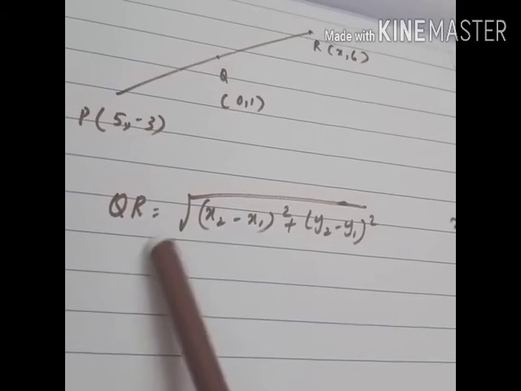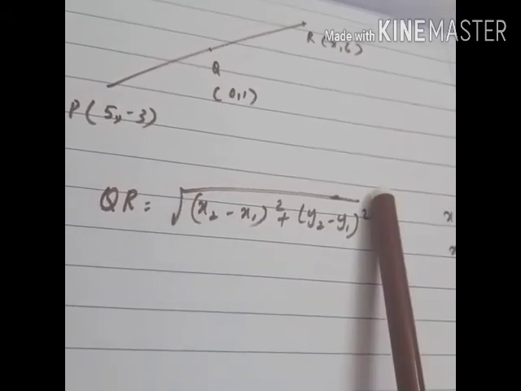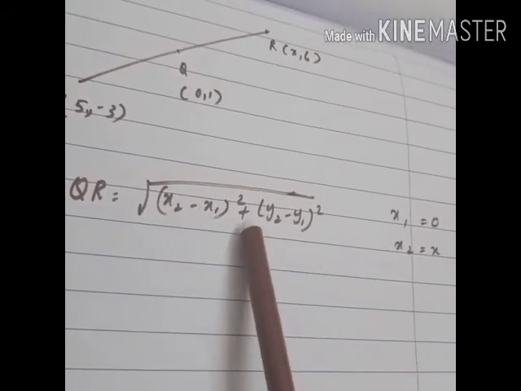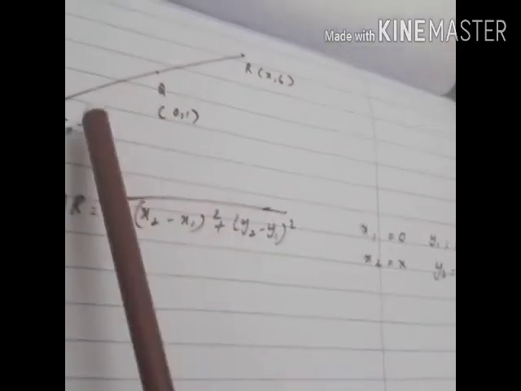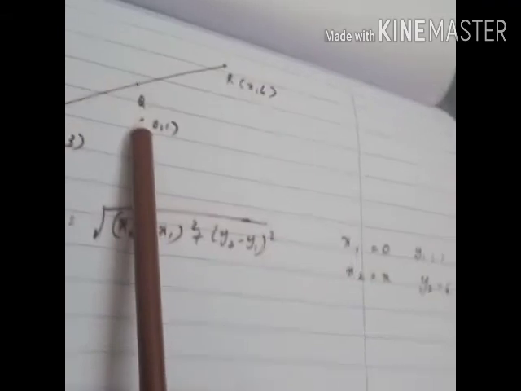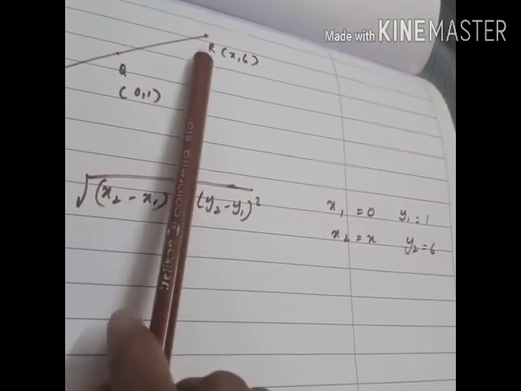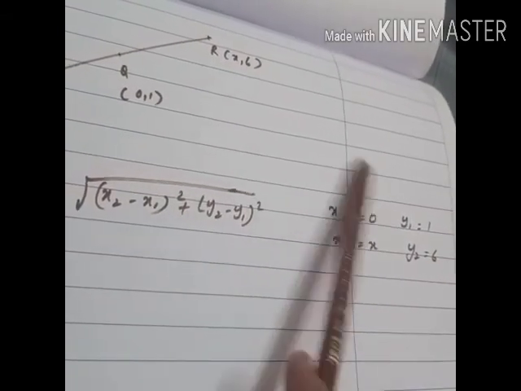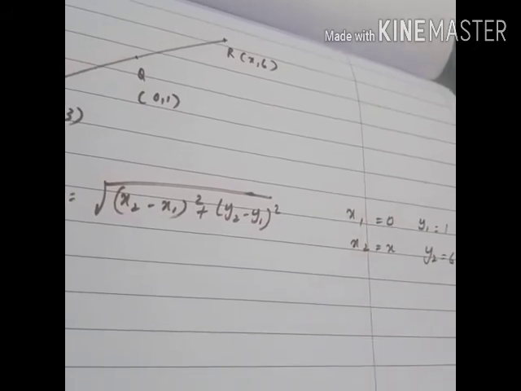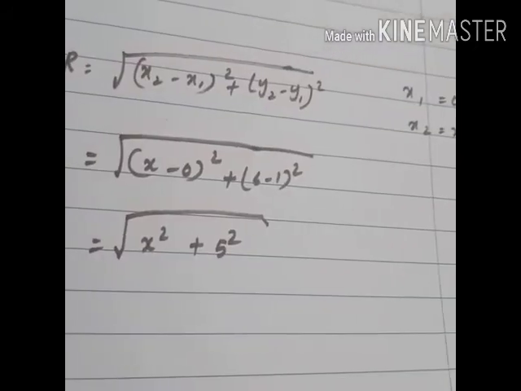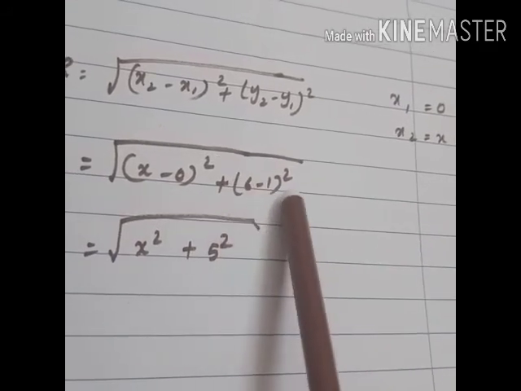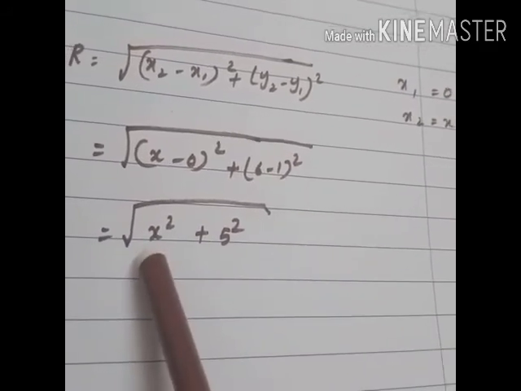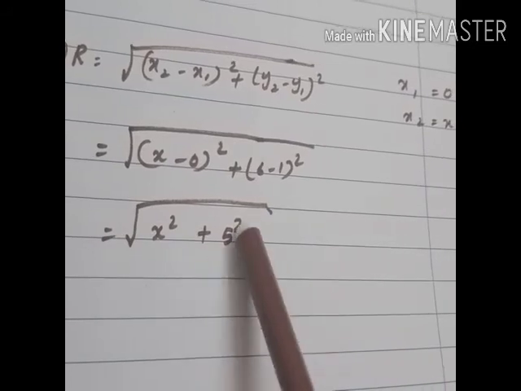First we can find QR by the distance formula: the square root of (x2 minus x1) square plus (y2 minus y1) square. For QR, x1 is 0, y1 is 1, x2 is x, y2 is 6. Substituting, we get the square root of (x minus 0) whole square plus (6 minus 1) whole square, that equals the square root of x square plus 5 square.